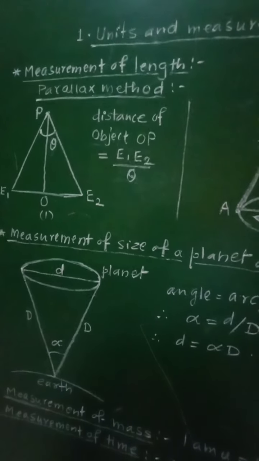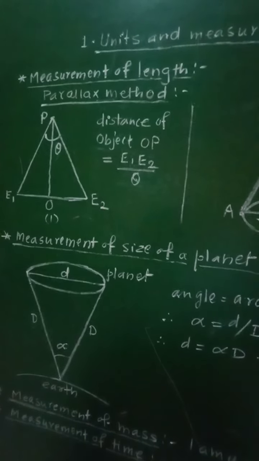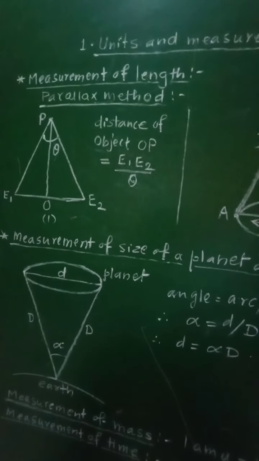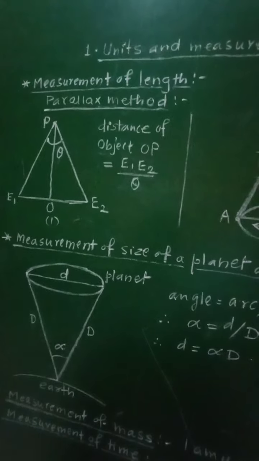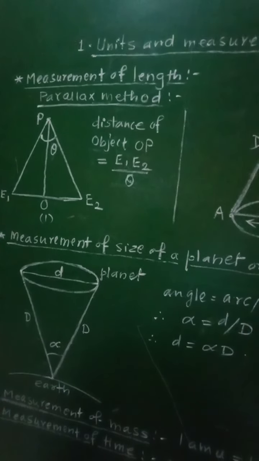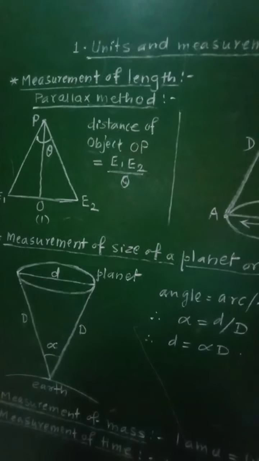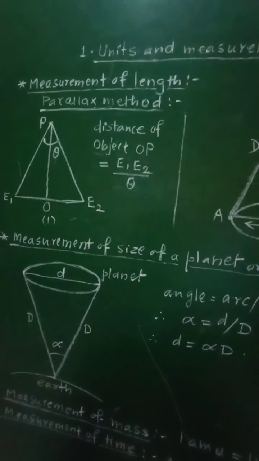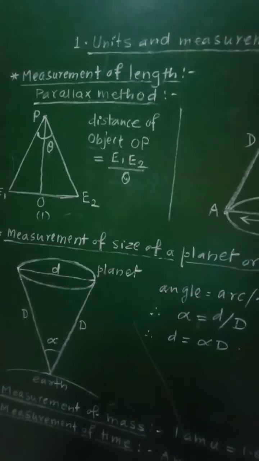Large distances, such as the distance of a planet or a star from the Earth, could not be measured directly with the help of a meter scale. So, a parallax method is used for it.